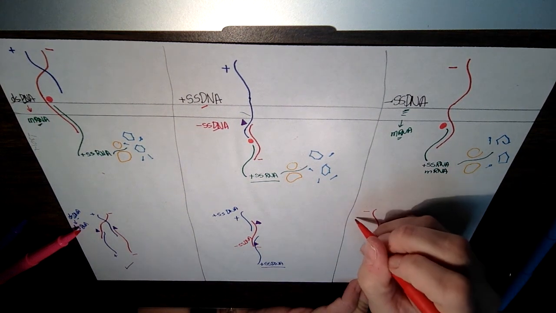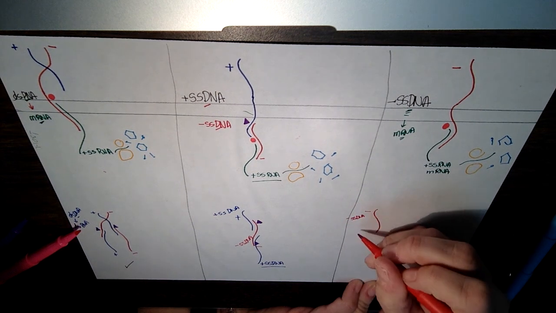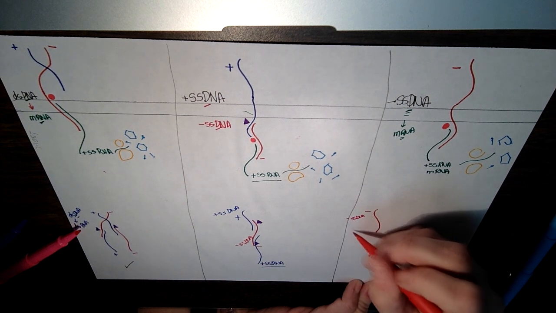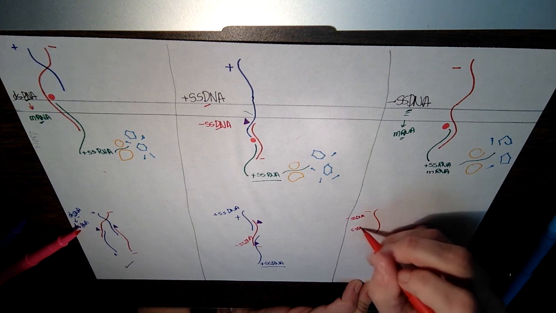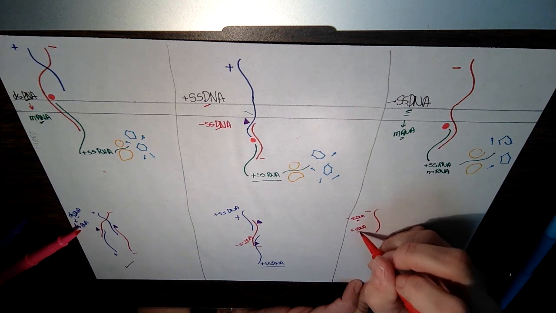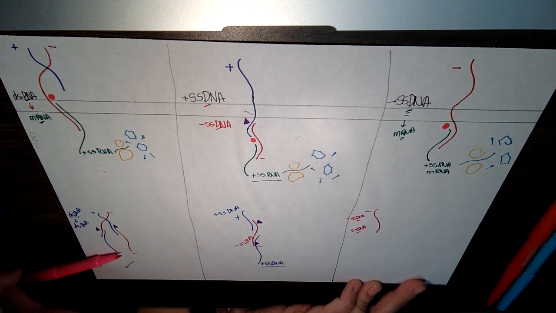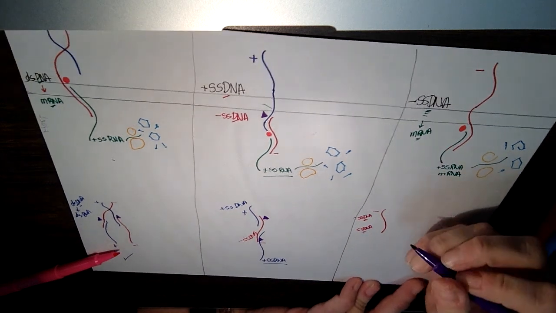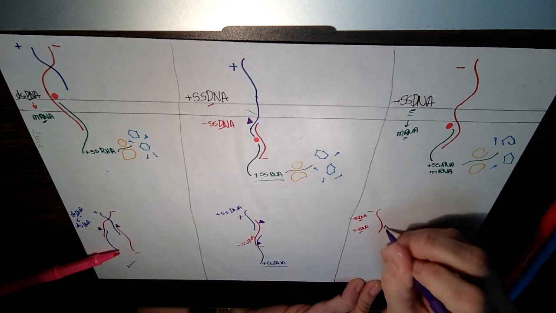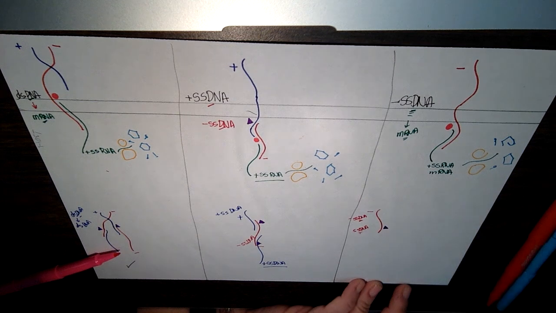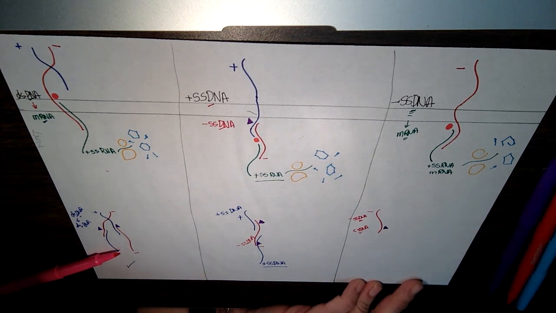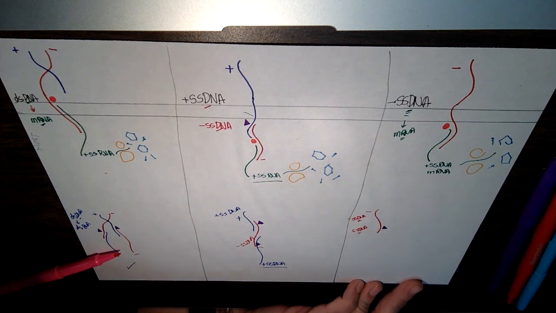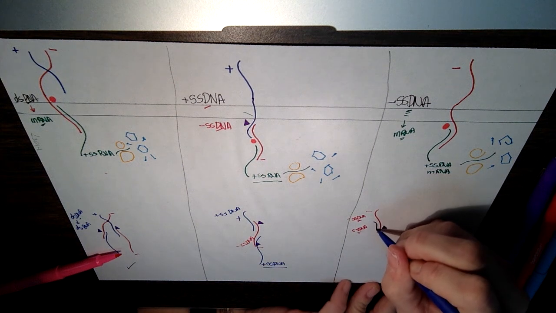We're going from single-stranded DNA to single-stranded DNA. So we're going from DNA to DNA. DNA to DNA is the DNA polymerase enzyme. It sits on the template. It's going to make a positive strand.